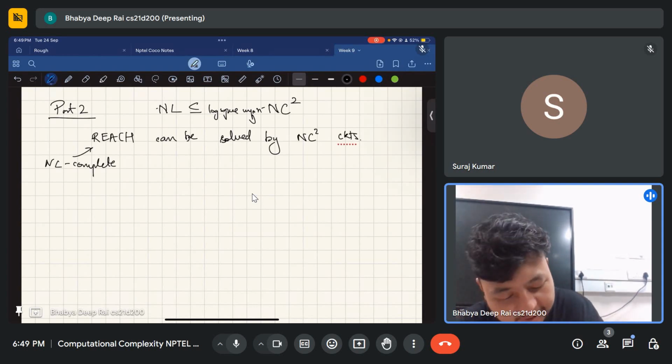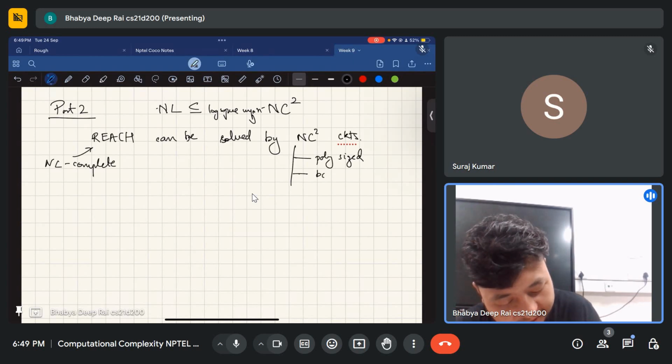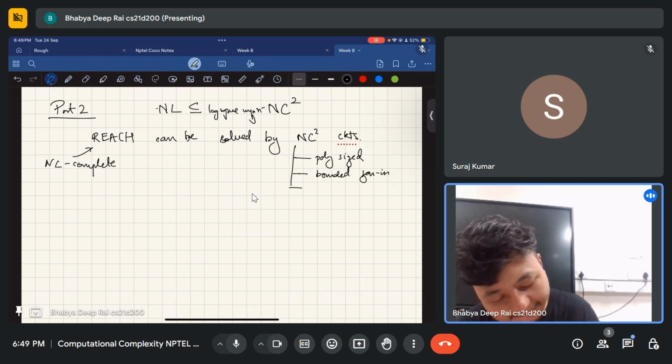Now again, to remember what is NC2: firstly it's polynomial sized with respect to input length, bounded fan-in, and finally log square depth.